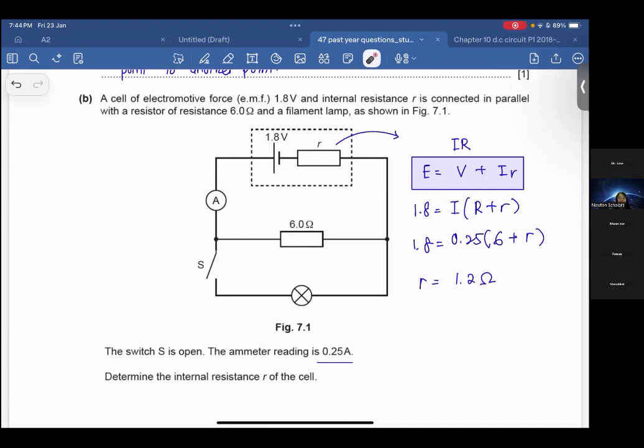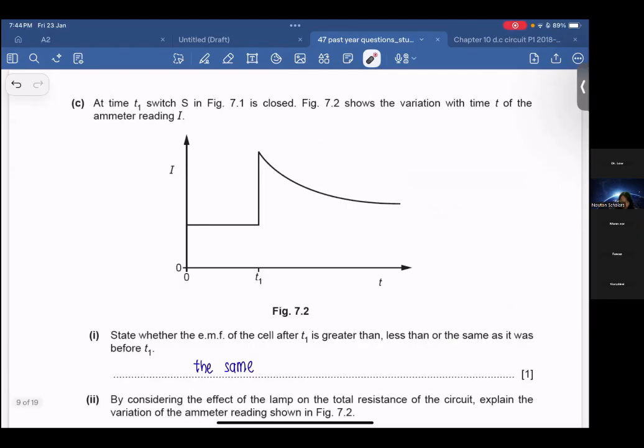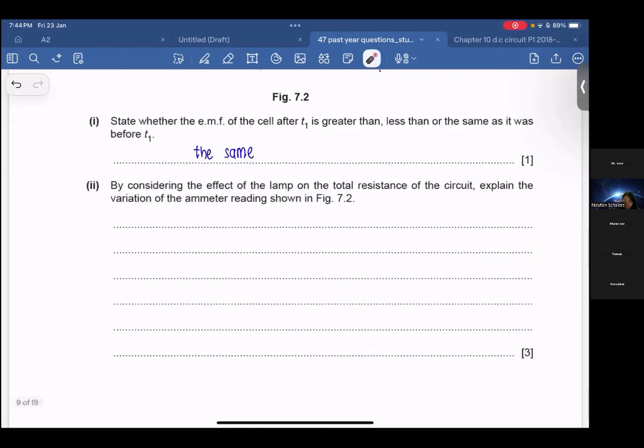Fawal, not really answering the question. Current related with what? Fawal, try. Before T1, which is here, why is the current constant? Why doesn't the current change?